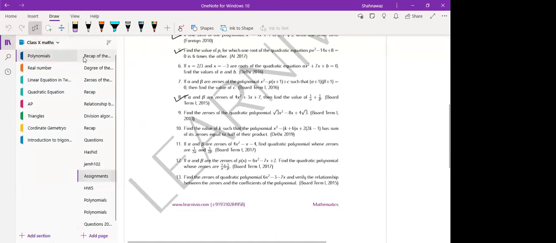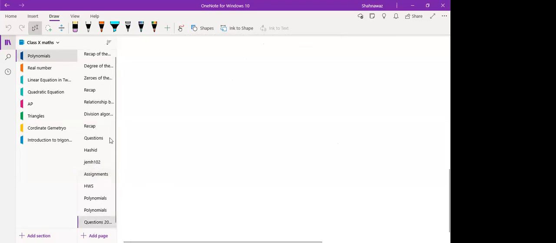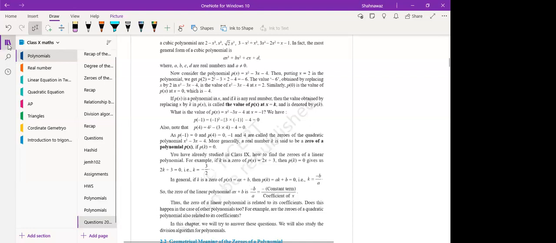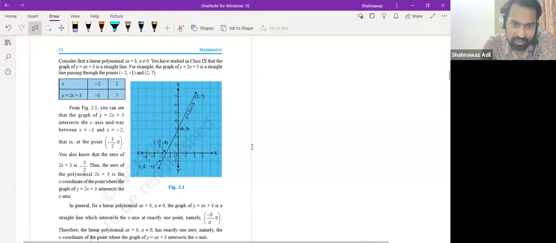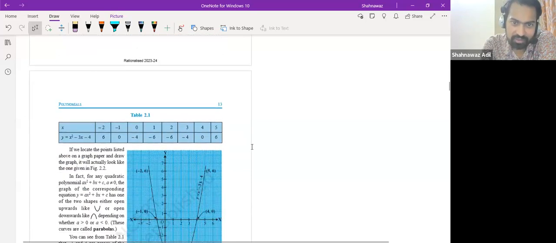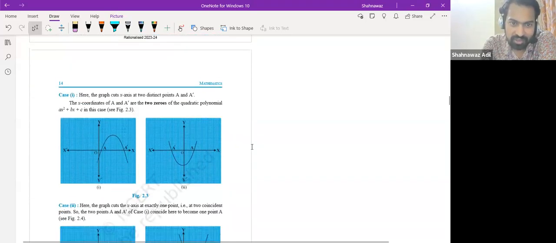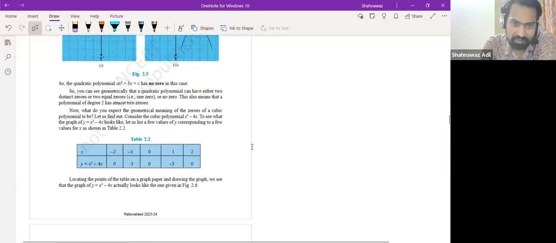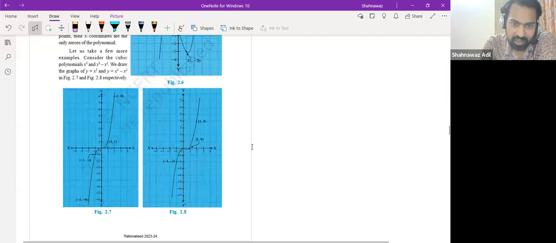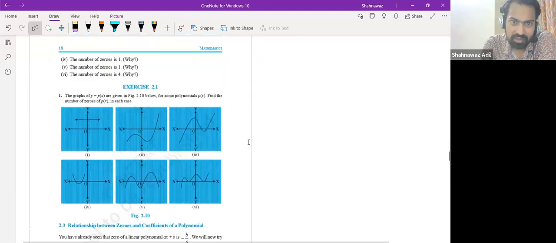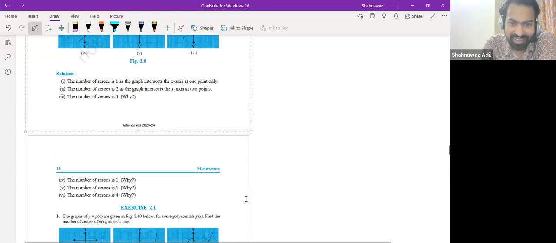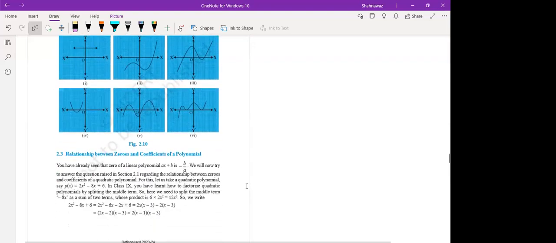So here we will also talk about that chapter. In the whole NCERT book, this is the toughest exercise, right, guys? Easiest one, sir.